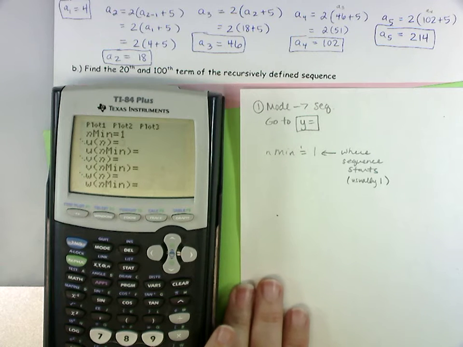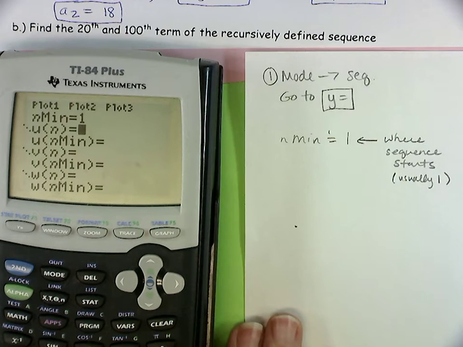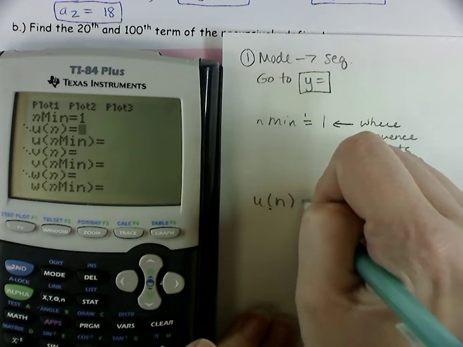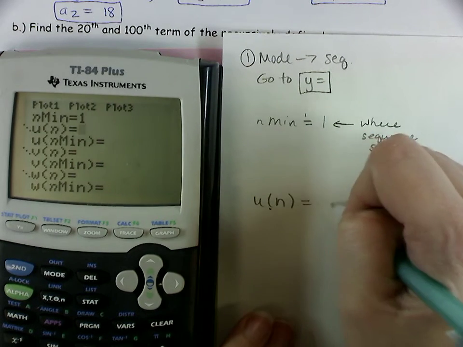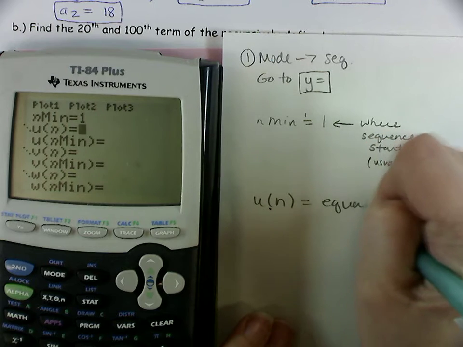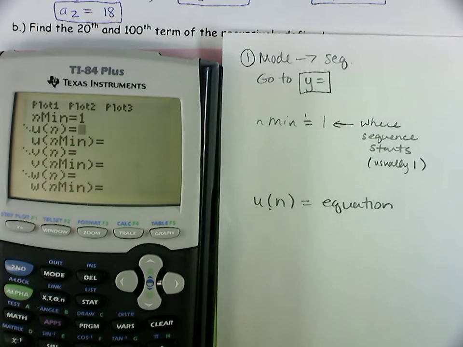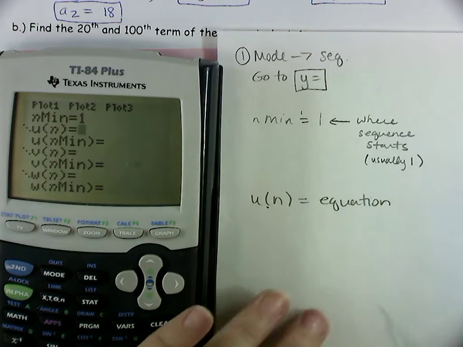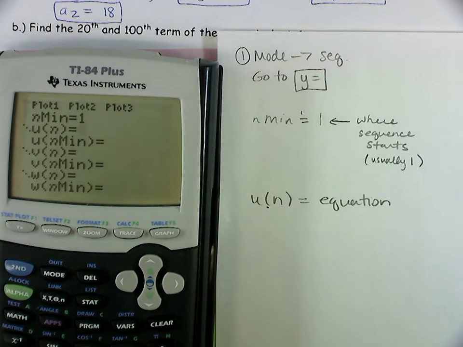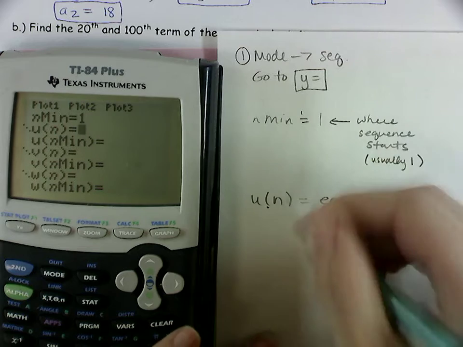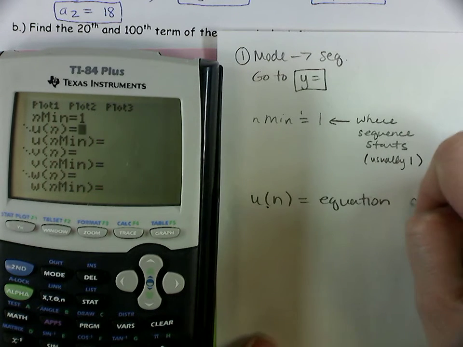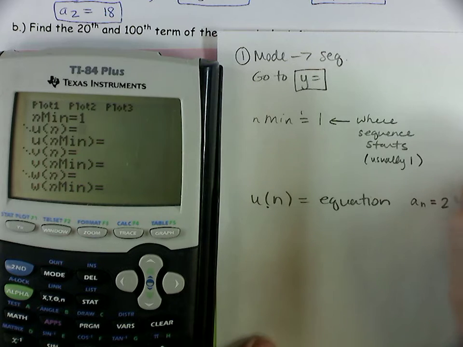Now, the next one, that u of n, is going to be your equation. So equals, we're going to plug in our equation. And our equation for this one, we have to plug it in a certain way. The equation that we were given on our paper is a sub n equals 2a sub n minus 1 plus 5.